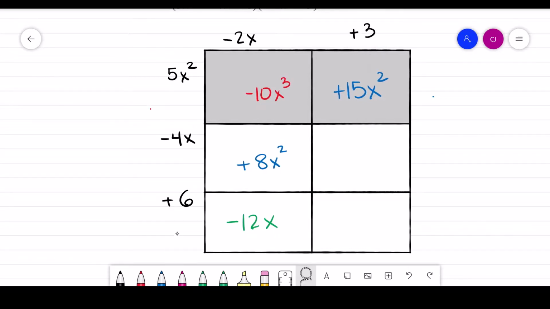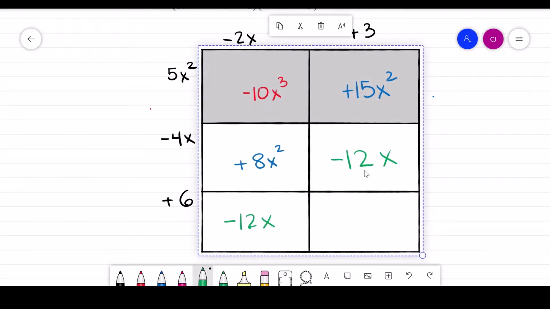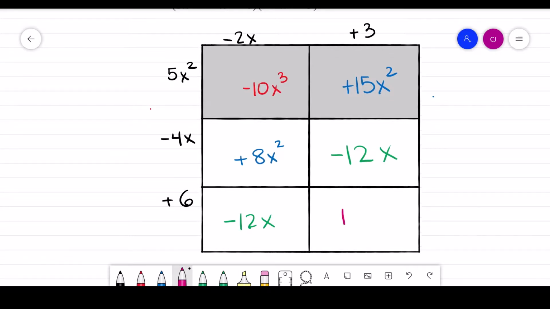Next, I'm going to multiply negative 4x times positive 3, which is going to give me negative 12x. And then I'm going to multiply positive 6 times positive 3, which is going to give me 18.